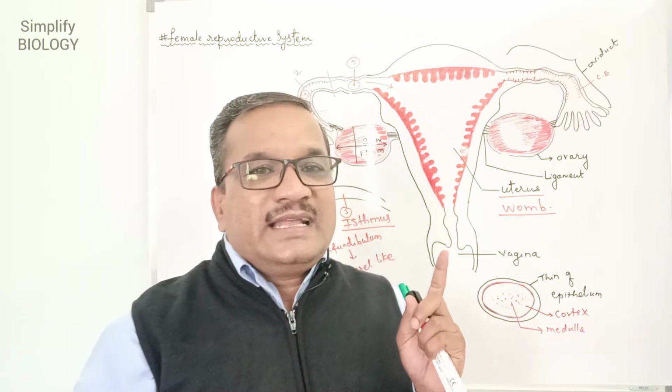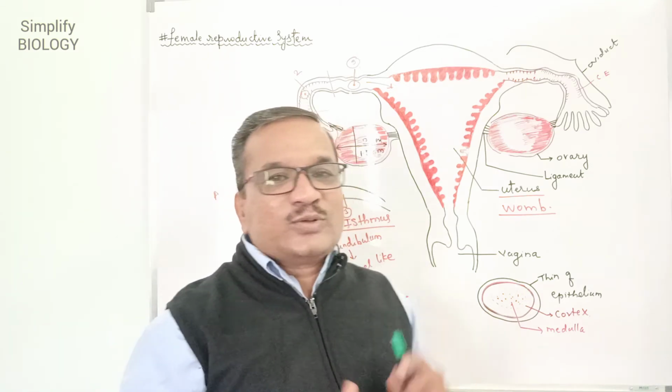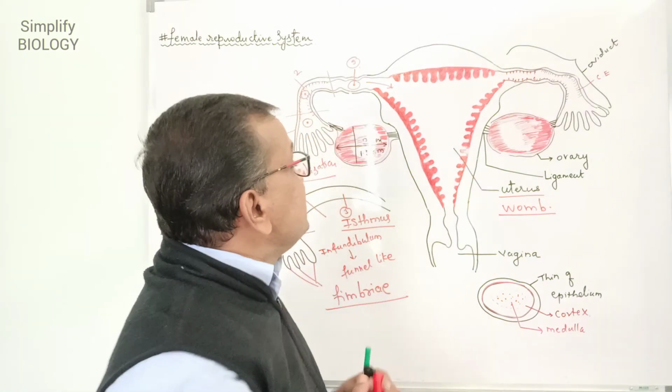Now if you see the size of this uterus, you will come to know that it is 7.5 centimeter in length.